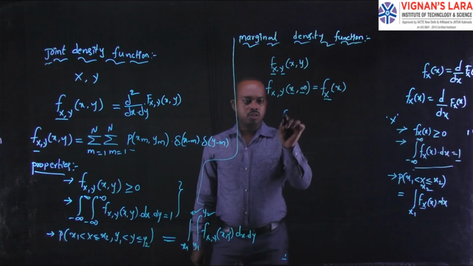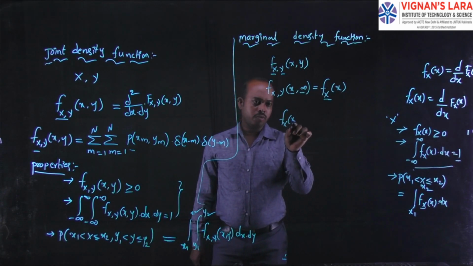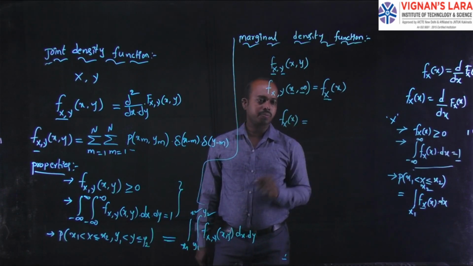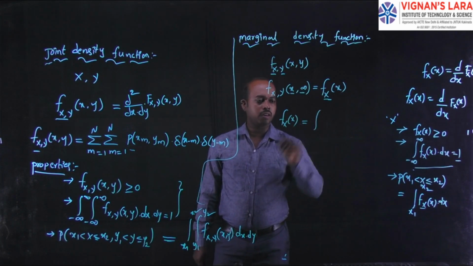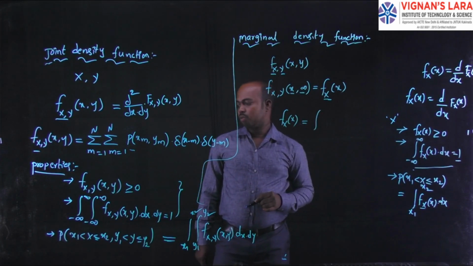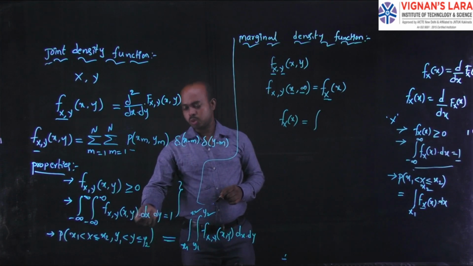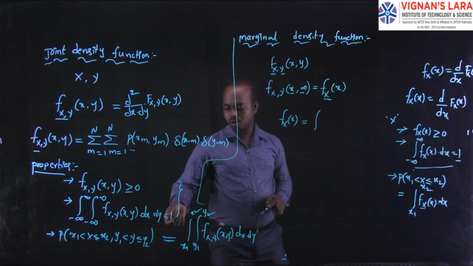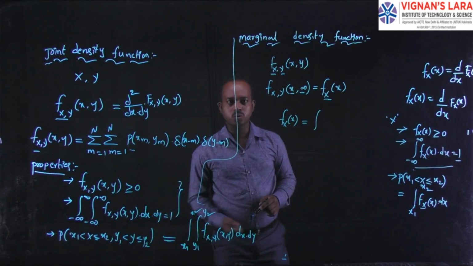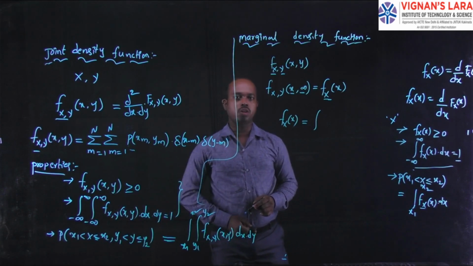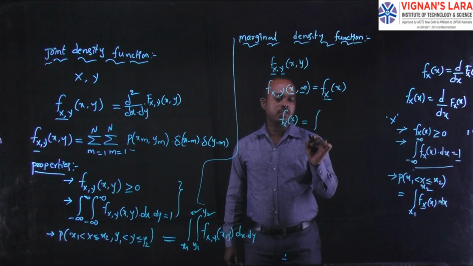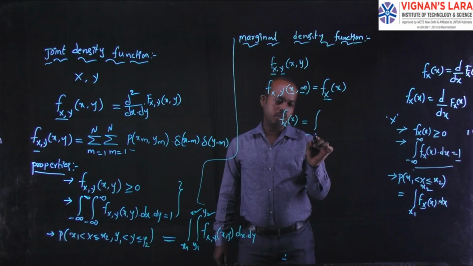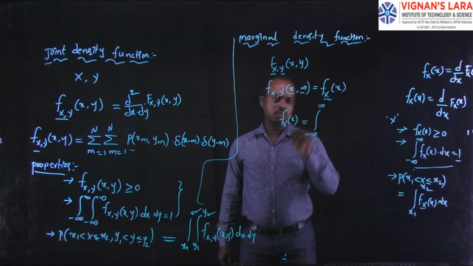The formula for this marginal density function of random variable x is an integral. In this formula, we are just neglecting one value. We take the double integration of this quantity, where one variable is assigned the limits minus infinity to plus infinity.